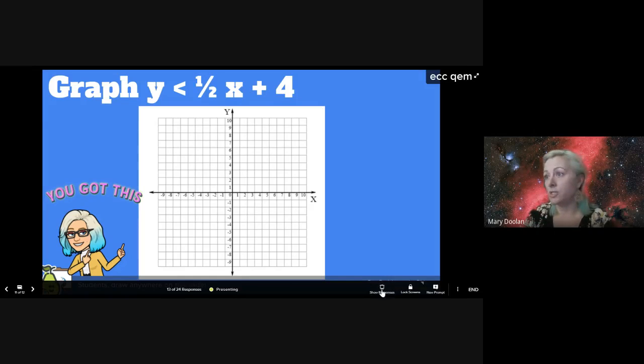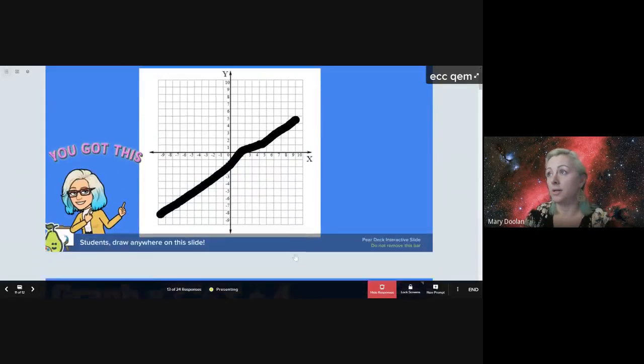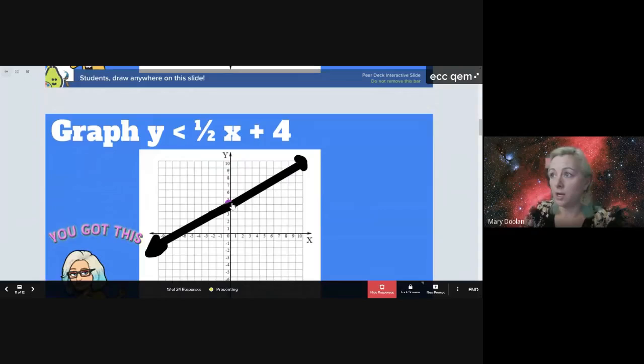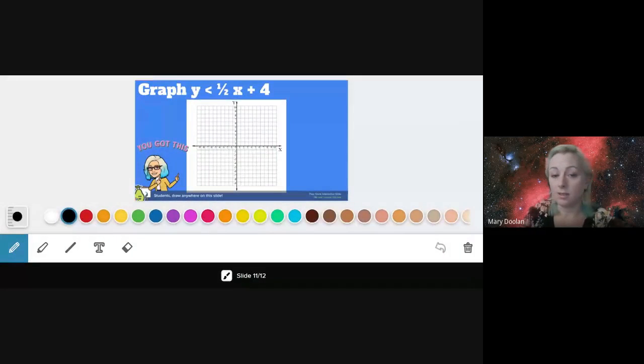And if I show some responses here, there's some people that got pretty close. So like right here, they started at 4 and then they went up 1 over 2. So they got the correct equals to line, but then because this is an inequality, we have to take it to the next step. All right, so here's one.